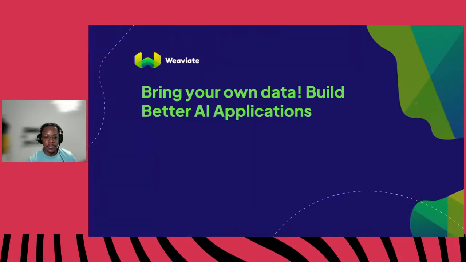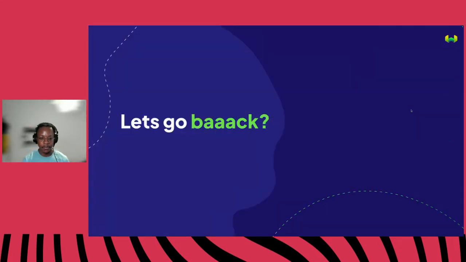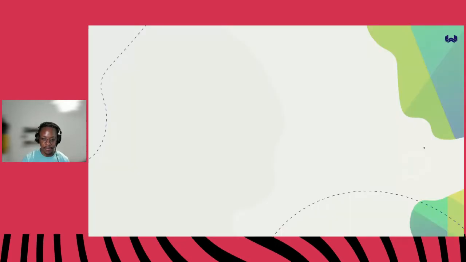Right. So, like I mentioned, I'll be talking about how you can bring your own data and build better AI applications. And to sort of drive this point, I want to go back to where we started with artificial intelligence, what we've been doing, and where we're possibly going.